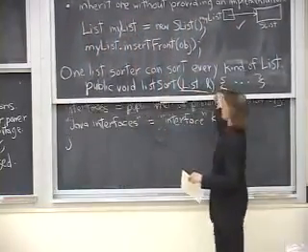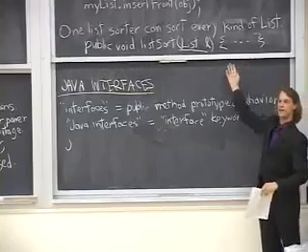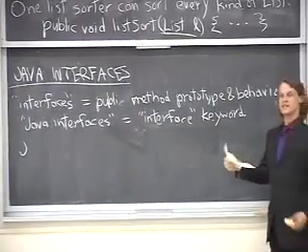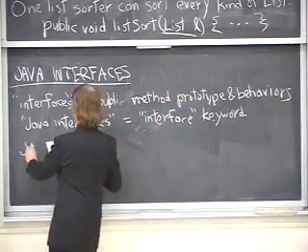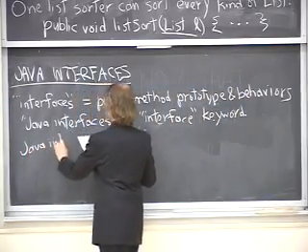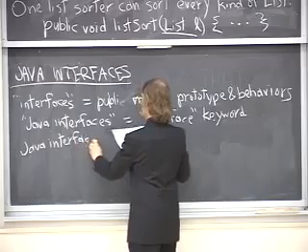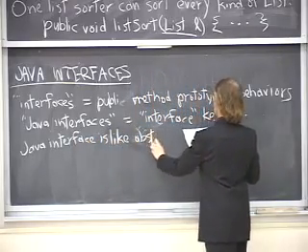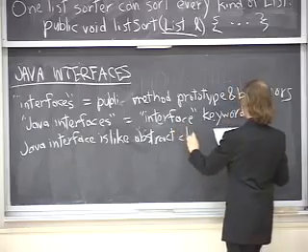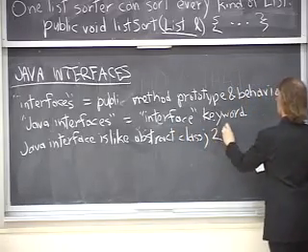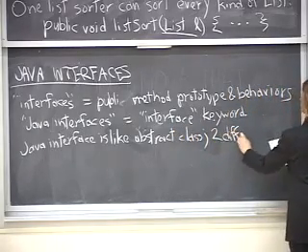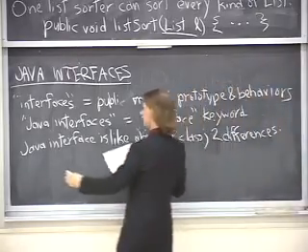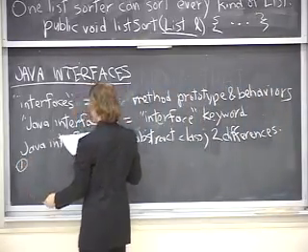All right, back to where we can pop this off the stack now. Java interfaces. A Java interface is like an abstract class, only different. And there are two differences. Here's the good difference.